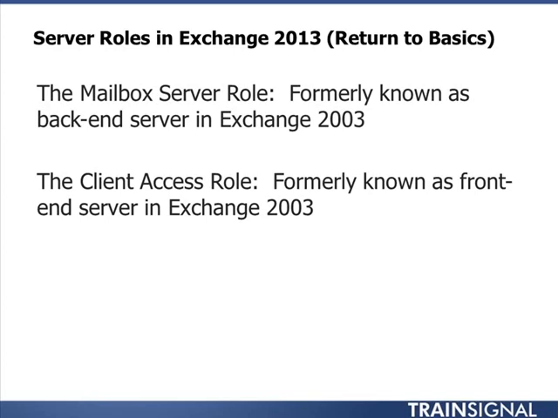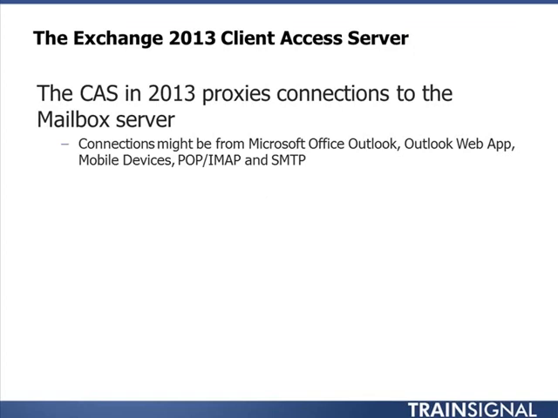How do the modern roles play out when it comes to merging them into these two roles that we see here? Well, let's first look a little bit deeper at the client access role and see what it is designed to do in Exchange 2013. For starters, client access in 2013 proxies connections to the mailbox server.